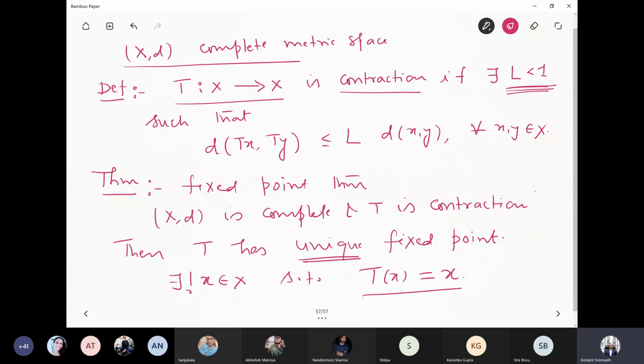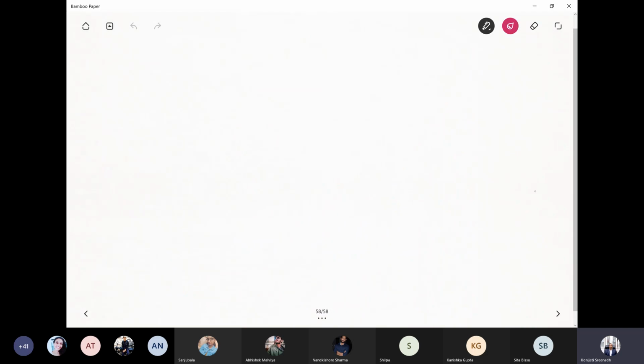So this one, you might have seen in your basic calculus, recall your calculus. In the case of functions on intervals, this is what we do in calculus.